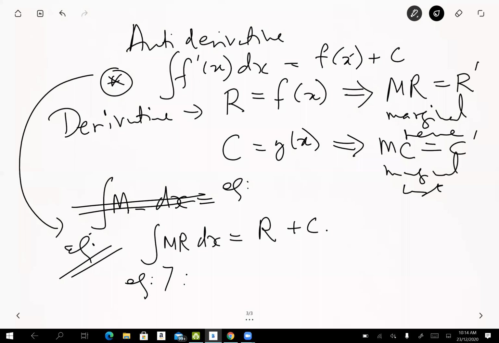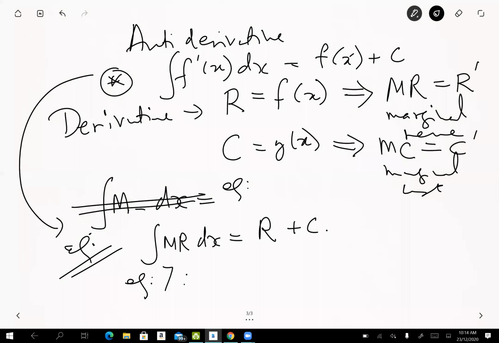You want to find the revenue from the sale of 1,000. Here x is a technology item. What is it? Motherboards. So x is units of motherboards.